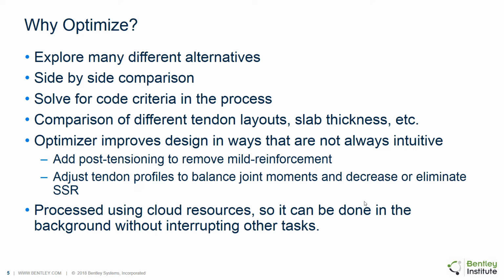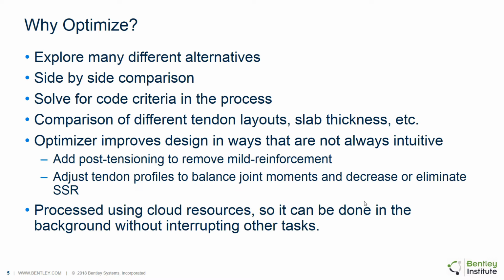It also can solve for the code criteria in the process, so all those iterations that had to be performed in the traditional process can now be performed automatically by the optimizer, so that the engineer doesn't have to spend the time changing all those values and evaluating the impact of that manually.